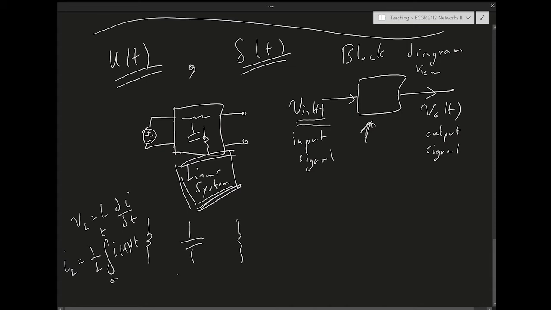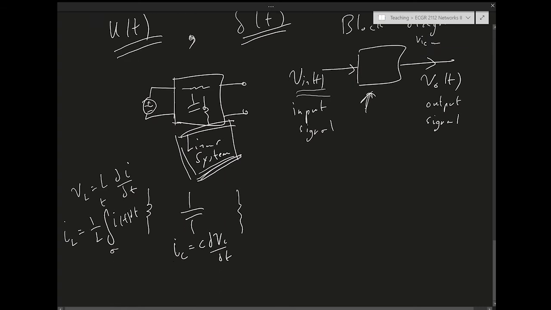For the capacitor, same thing. i_C is C dv_C/dt, right? And then v_C is 1/C times the integral of i_C dt. For the resistors, v_R equals R i_R, right?